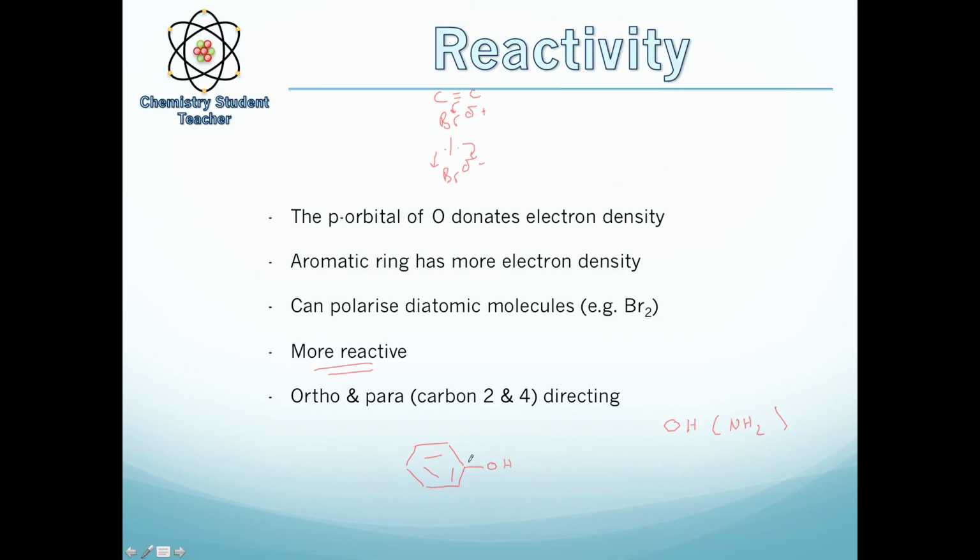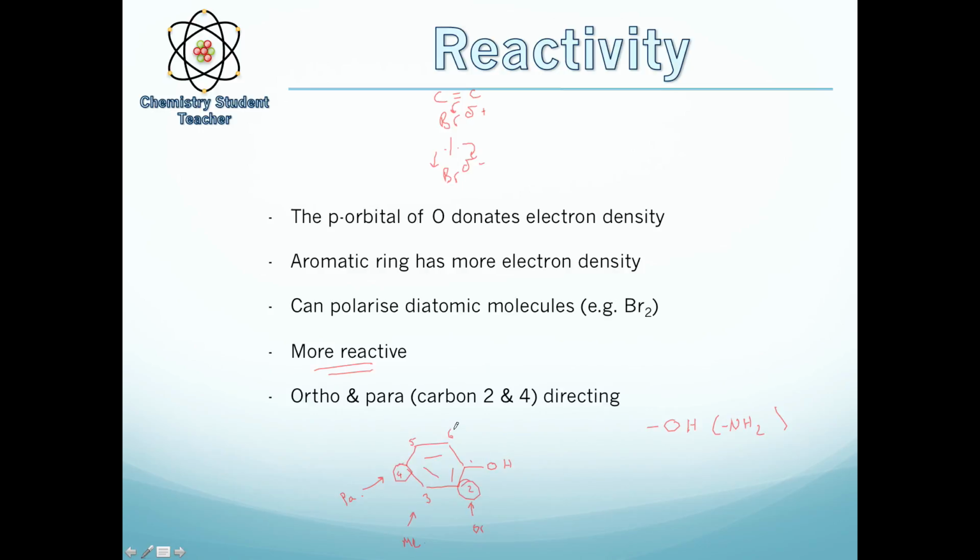If you remember that that's carbon 1, that's carbon 2, 3, 4, 5, and 6. So carbon 2 is also known as the ortho, carbon 3 is known as the meta position, and carbon 4 is known as the para position. And basically, an electron donating group such as an OH or an NH2 group is ortho and para directing, or carbon 2 and carbon 4 directing, meaning that they're most likely going to be on this carbon and this carbon.